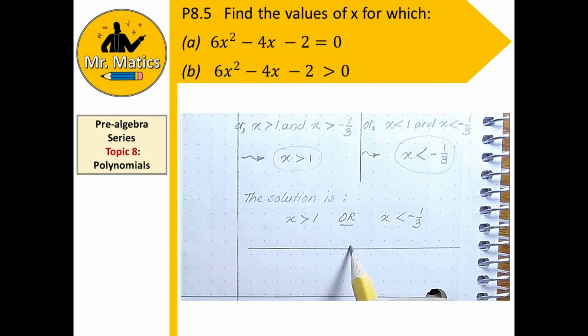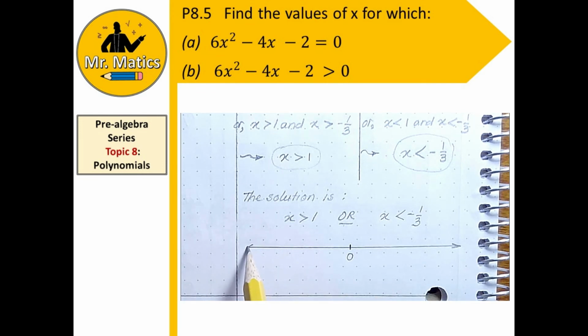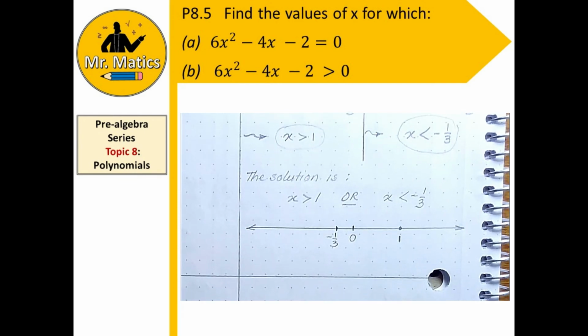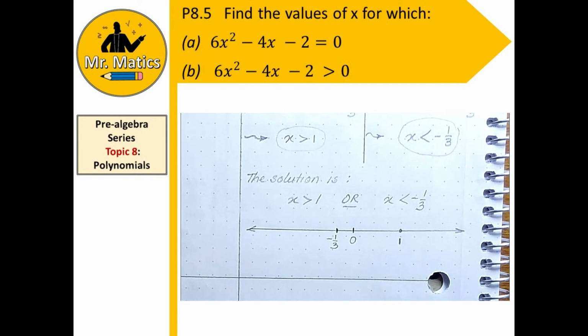So locate 0 in the middle and we'll put arrows to indicate that the number line is extended to positive and negative infinity. So we have 1 here, let's say, and minus 1/3 here. So from x greater than 1, we should have the solution lying in this region.